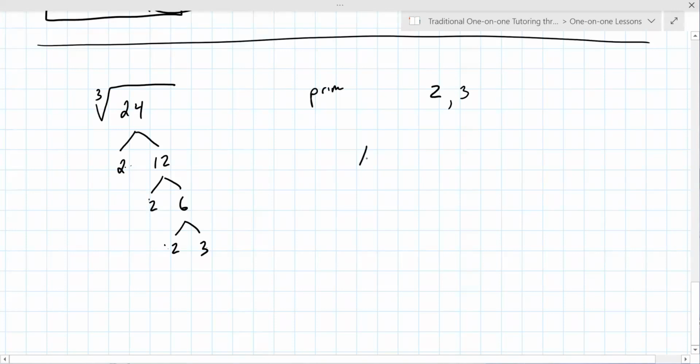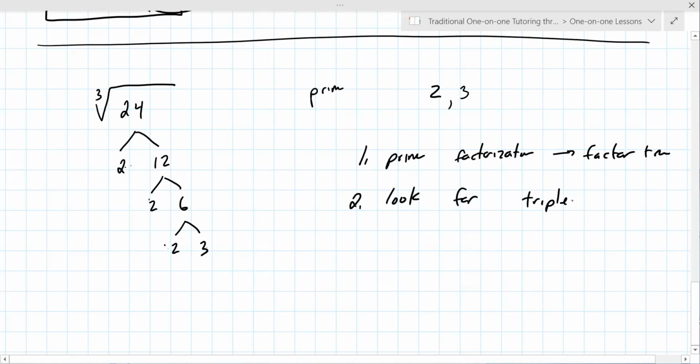So if you're building a recipe, the first step is to do this prime factorization, or building a factor tree. It's really what I call it. And then the second thing is you look for, in this case, triplets, because of that 3. That 3 tells you what you're looking for.